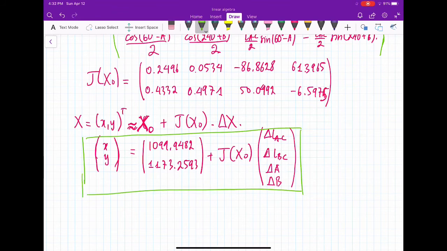Agree? This is really interesting and really important. I see in the textbook of geometry, of least squares estimation and geomatics data analysis, there are a lot of Jacobians like this, and you have plenty of such problems. This problem is taken from that textbook, okay?